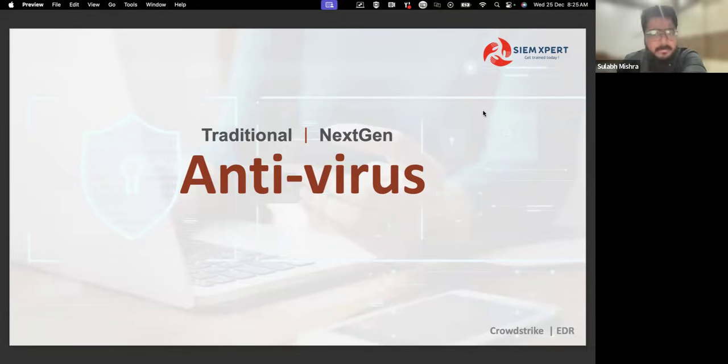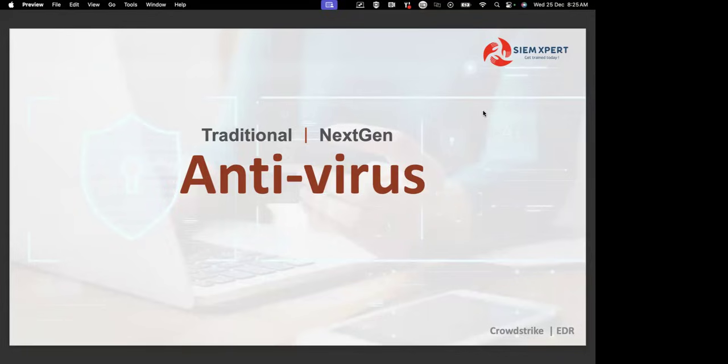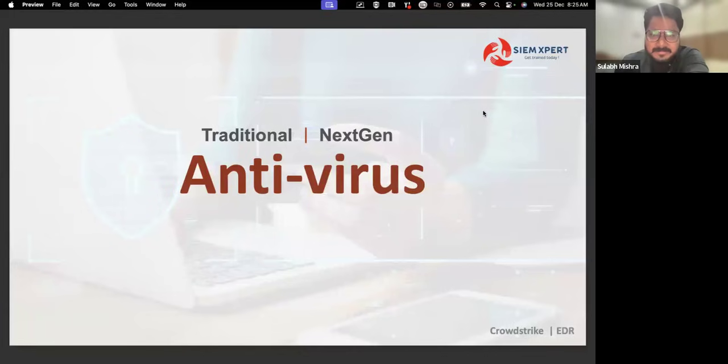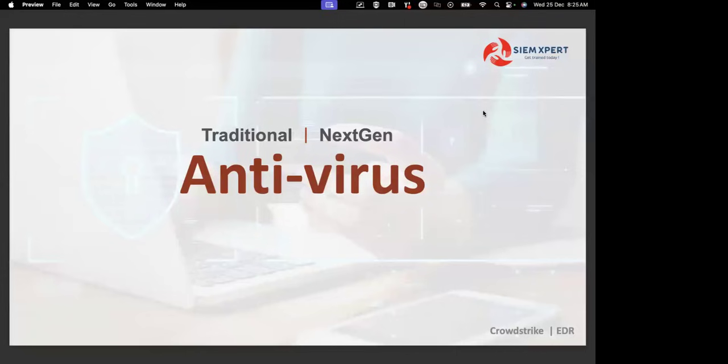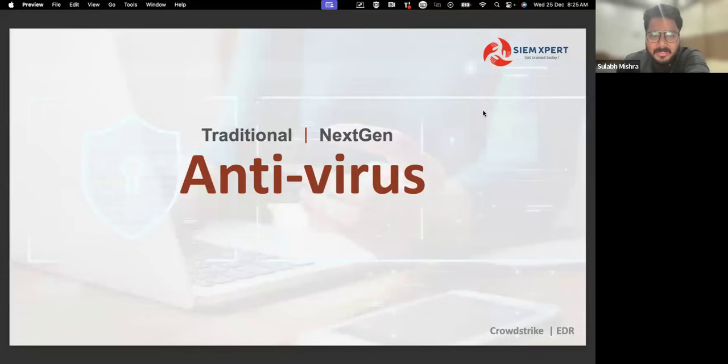Does anybody have any idea how an antivirus works? Antivirus works based on signatures. Perfect. So what is a signature? A hash value. Perfect.